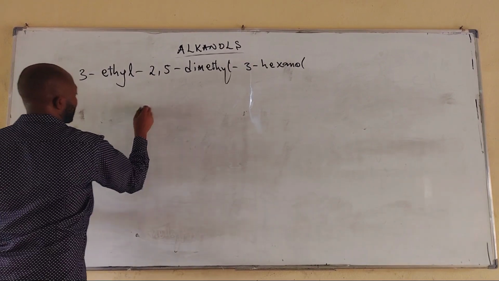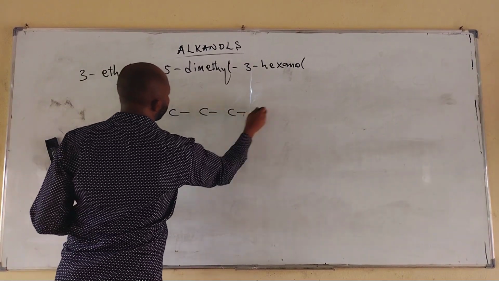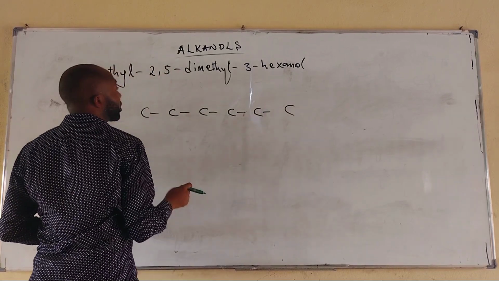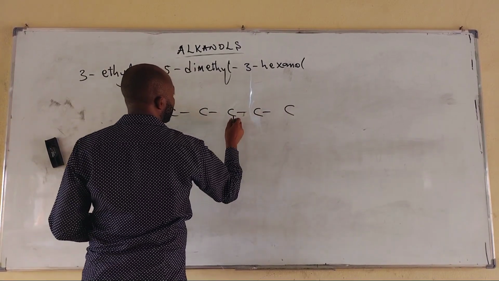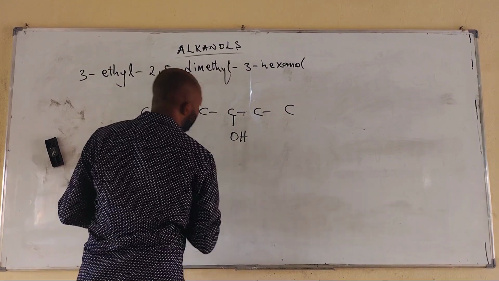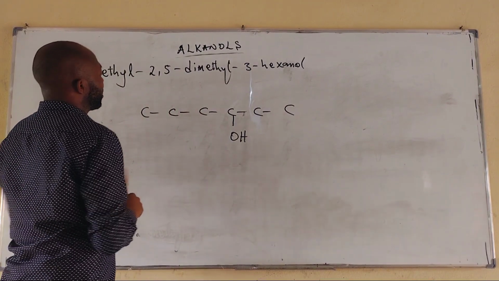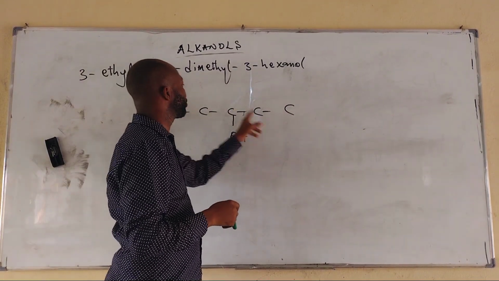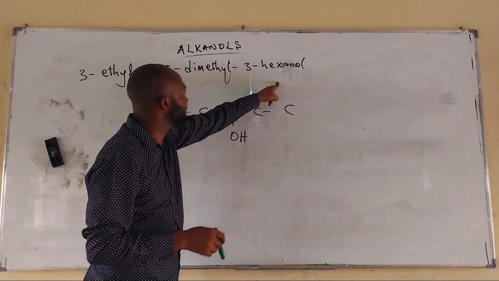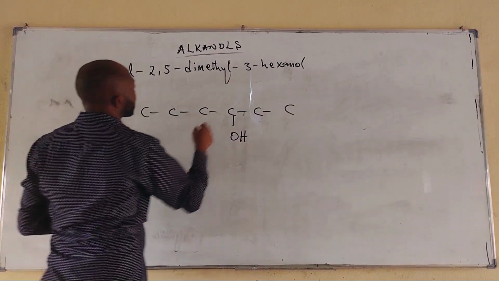Okay, 6. 1, 2, 3, 4, 5, 6. It's a 3-hexanol, meaning our OH is in carbon 3. Let's begin. 1, 2, 3, 4, 5, 6. 1, 2, 3. That's where our OH is. So now we start.